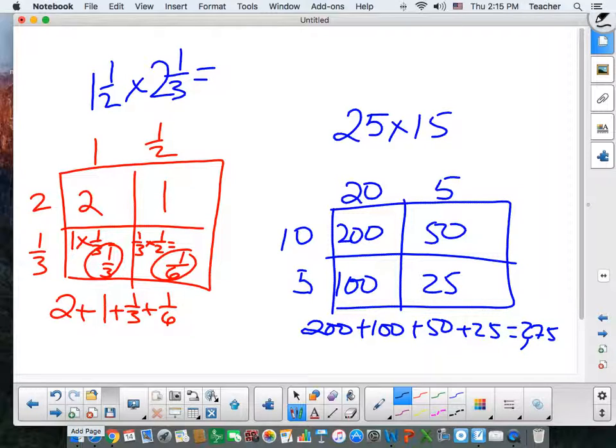Thirds and sixths. The common denominator is sixths. So 2 plus 1 plus, how many sixths is 1/3? 2/6 plus 1/6. What is 2 plus 1? 3/6, right? And 3/6 is simplifiable to 1/2.